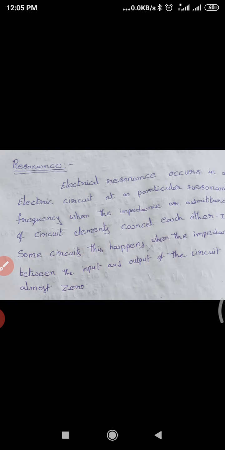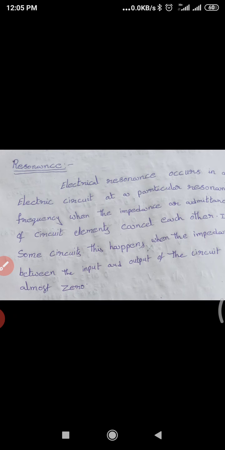We study resonance because it is mainly applicable in signals and systems. If you want to send signals of a particular frequency or a particular range of frequencies, then we use the resonance concept.